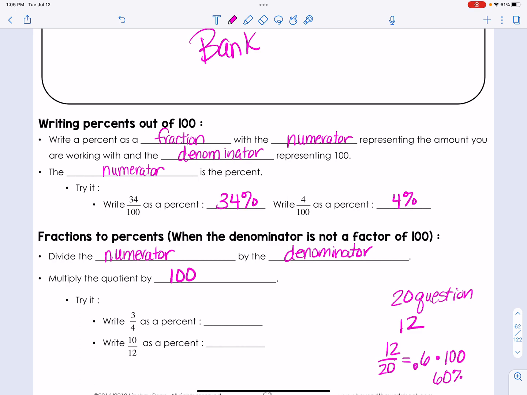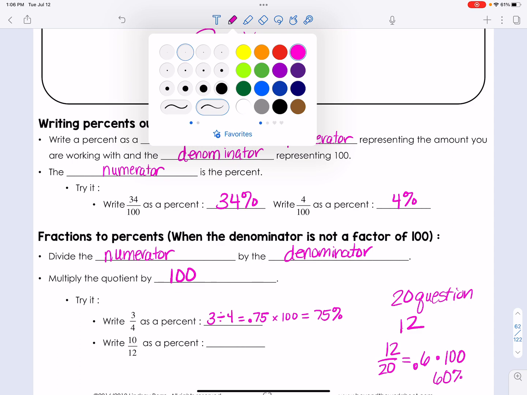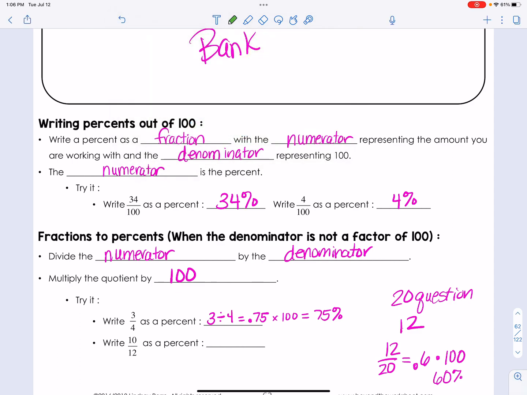Okay, so if I do this one, I'm going to take 3 divided by 4, and that's 0.75. And then what I'm going to do is I'm going to times it by 100. So that's 75%. Okay? And this is going to be something that you're going to work with all the way through.